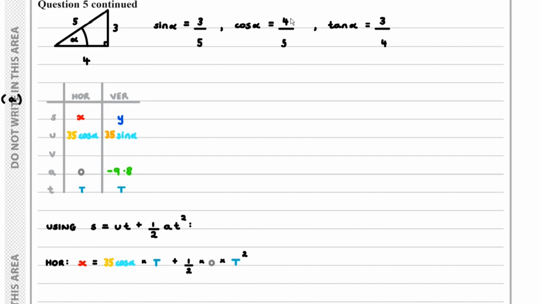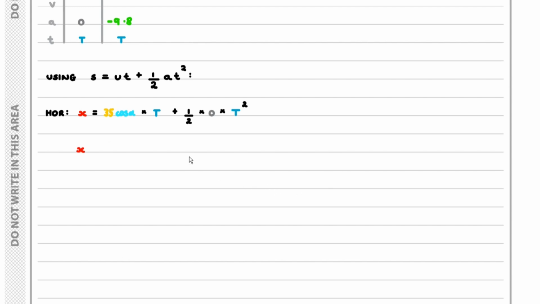And we know that cos alpha is equal to 4/5. So we have x equals 35 multiplied by 4/5 multiplied by t plus 1/2 times 0 times t squared. This simplifies to x equals 28t. I will rearrange this to say that t is equal to x over 28. I will call this equation 1.